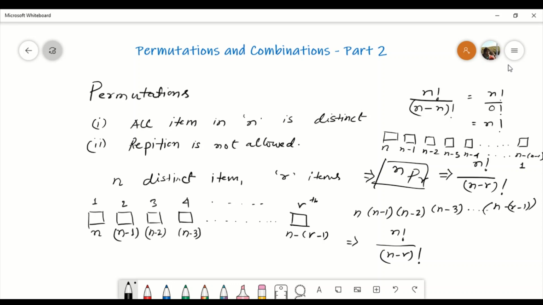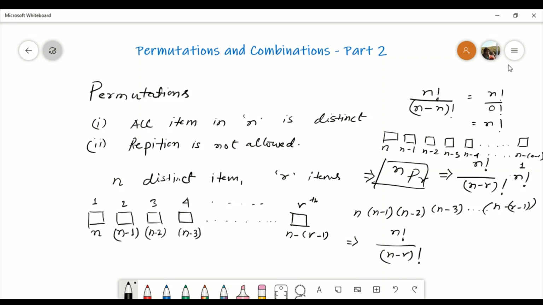So this is nothing but n into n minus 1 into n minus 2 up to 1, which is n factorial, right? So if we have to arrange everything, then the number of ways is n factorial.